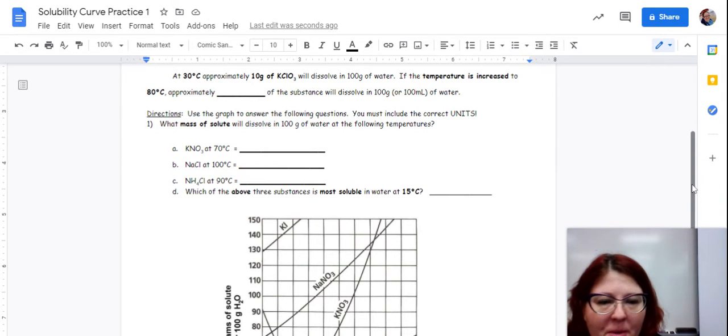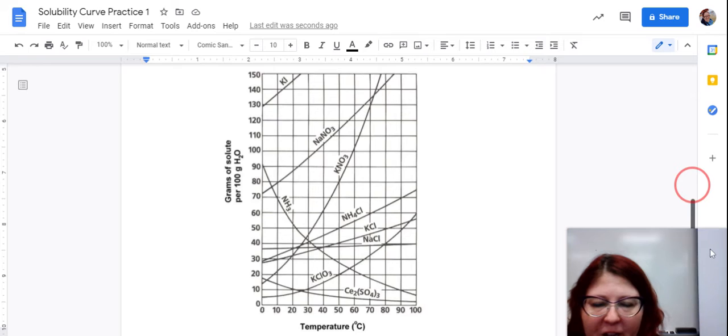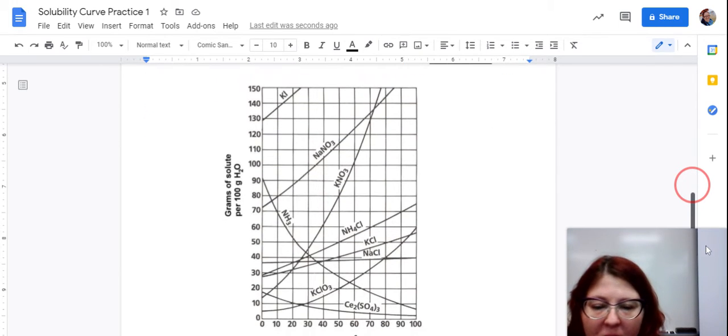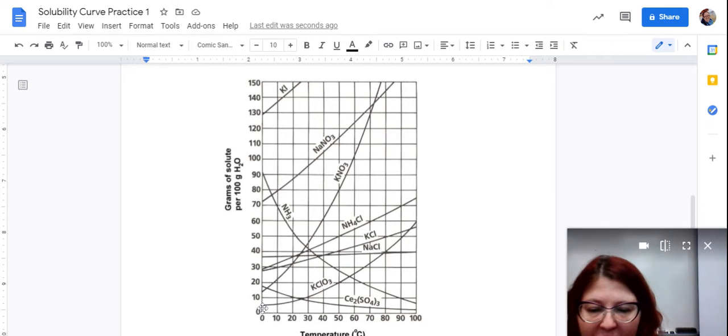Coming back down to the graph here to potassium chlorate, it says at 30 degrees Celsius we can dissolve about 10 grams. So let's check if that's true. Here I'm at 30 degrees Celsius, and yes, the curved line for potassium chlorate crosses 10 grams of solute per 100 grams of water here at the 30 degrees mark.